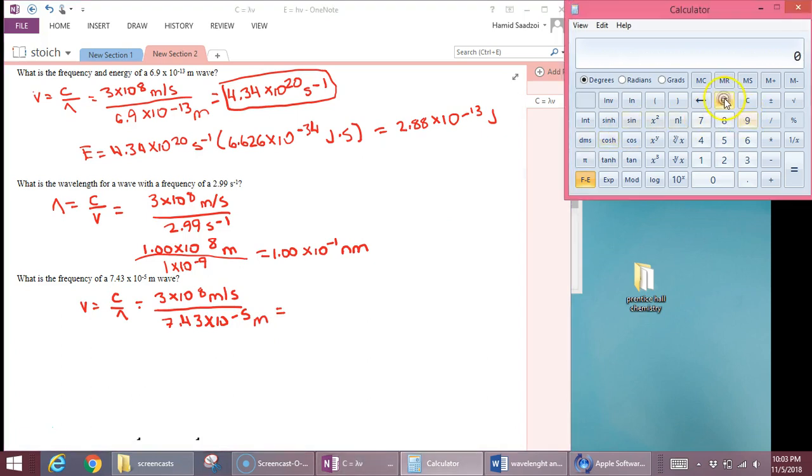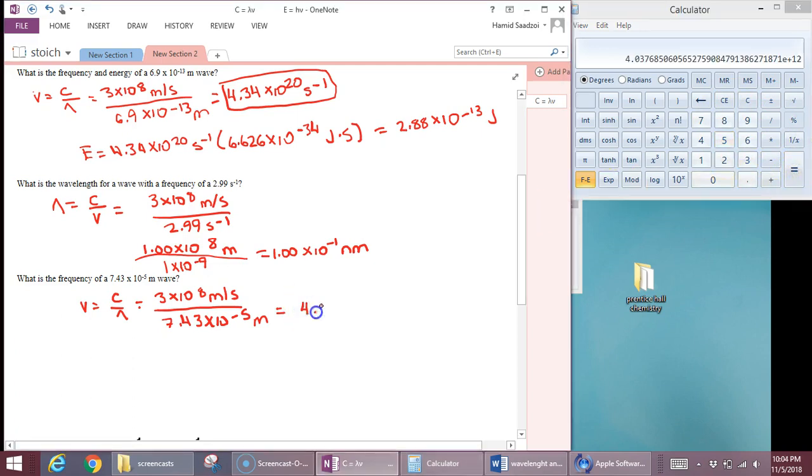Go over here, clear out our screen. 3 exponent 8 divided by 7.43 exponent negative 5, and we get 4.03, should be 4.04 actually if you round up, times 10 to the 12 seconds to negative 1, since we're looking for frequency. Meters cancel out.